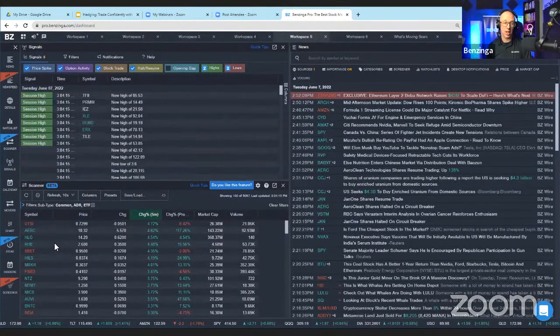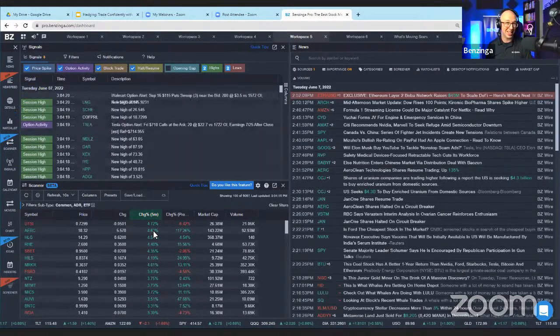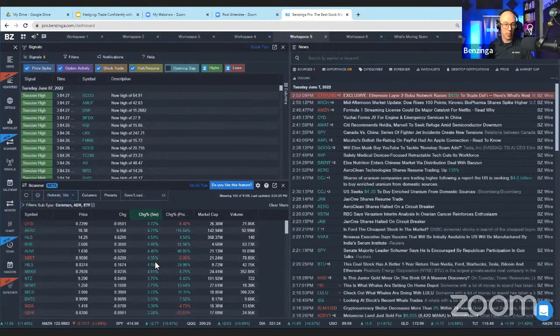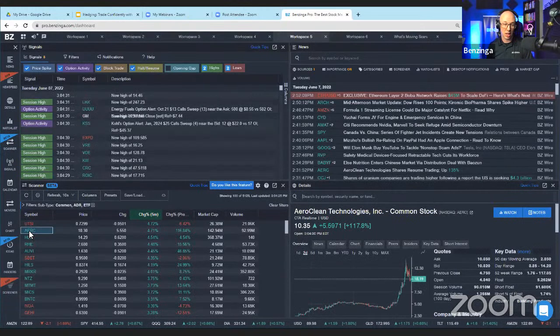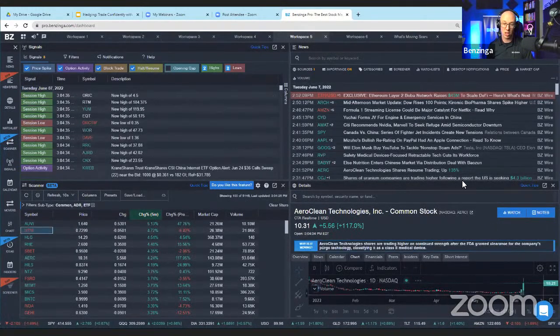And then down here we have the scanner, so I can just see which stocks are spiking the most in the past 60 seconds or the past 5 minutes, and then other things like relative volume, VWAP, market cap, things like that. So very easily I can click on those tickers, bring up the charts, see what news is causing that volatility, and we're good to go.